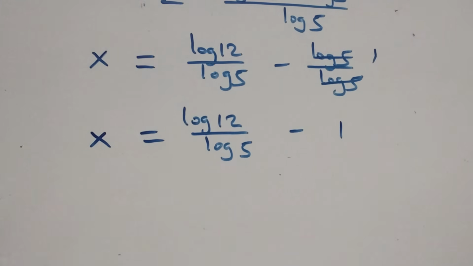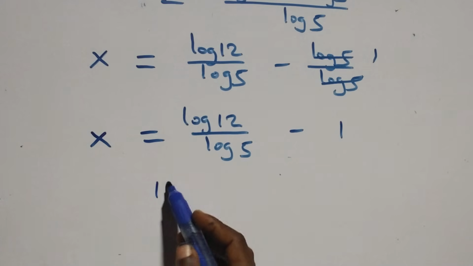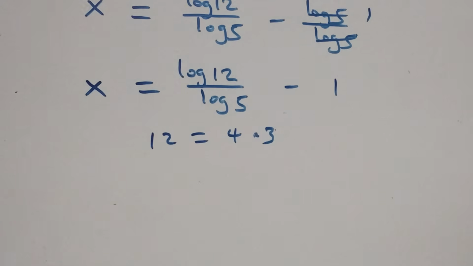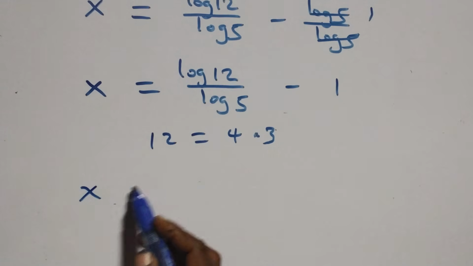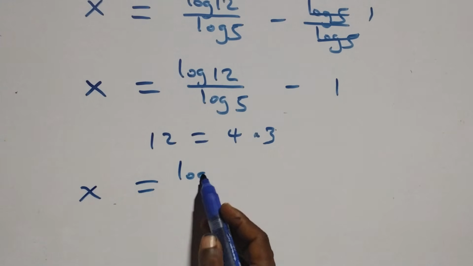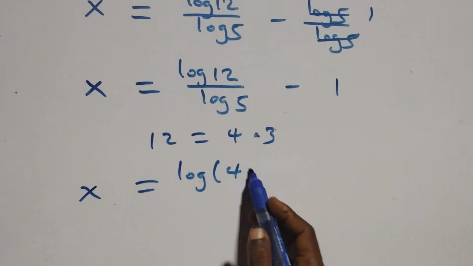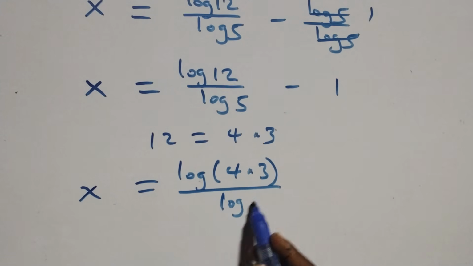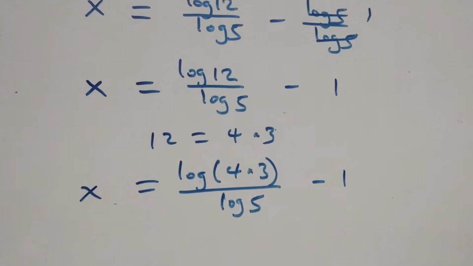Then also here we can write 12 as 4 times 3, which implies we have x equals log 4 times 3 over log 5 minus 1.